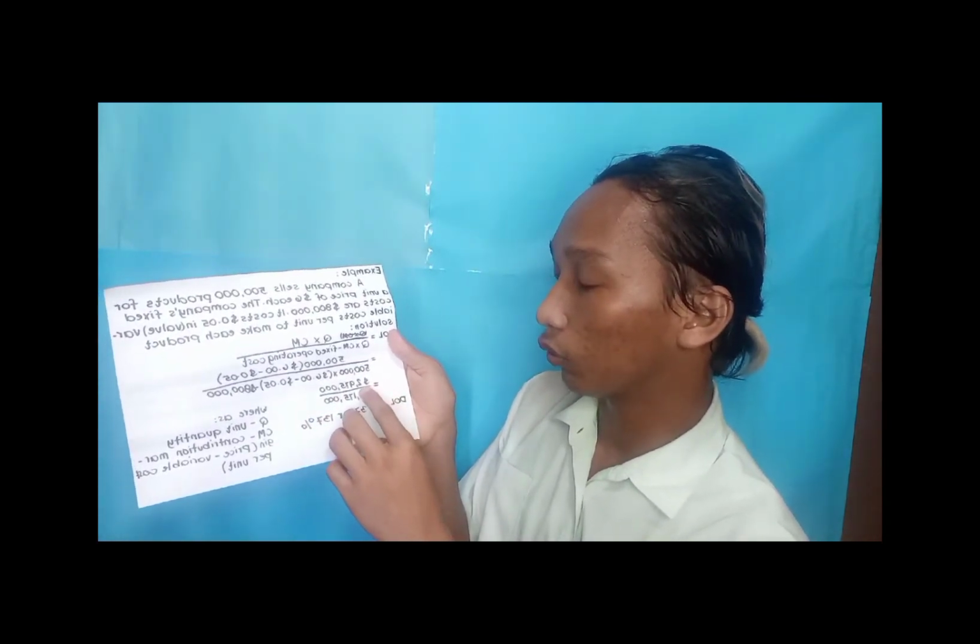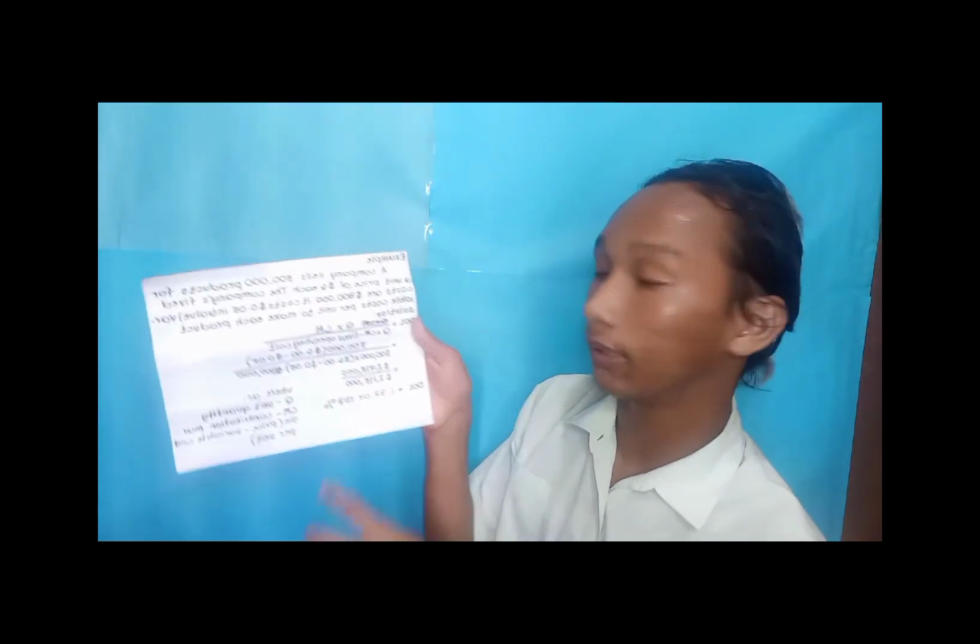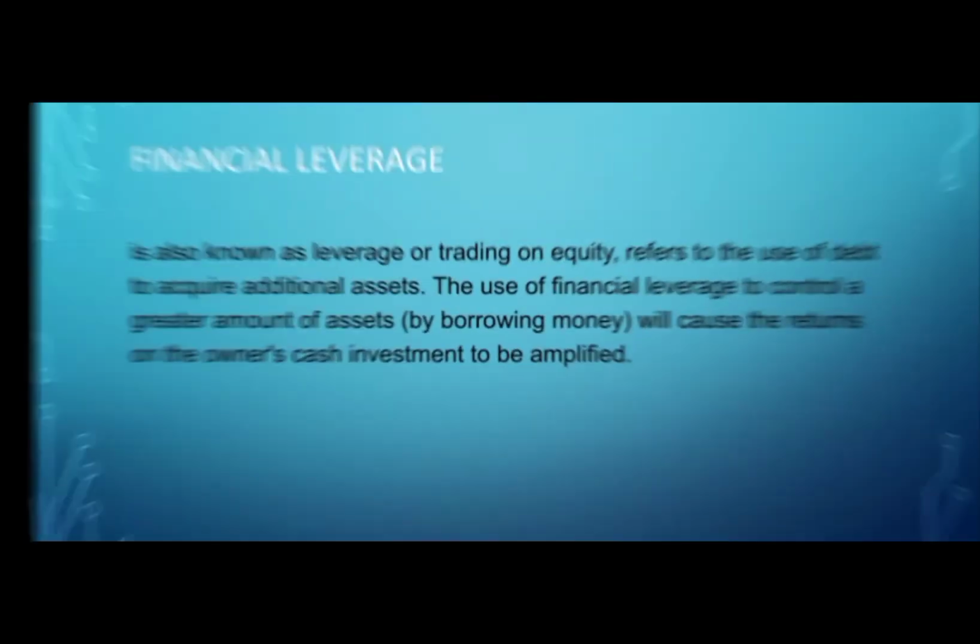So that is equal to $2,975,000 divided by $2,175,000. When you divide, you get the degree of operating leverage of 1.337 or 137%. That is your degree of operating leverage.